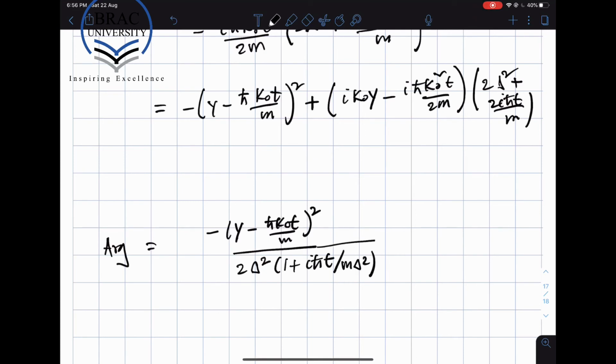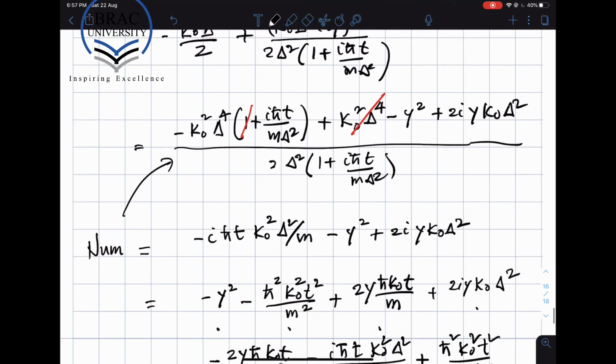So this is the first term. And the second term, we're just going to get i k0, and then inside the bracket we will get y minus i h bar k0 by 2m.